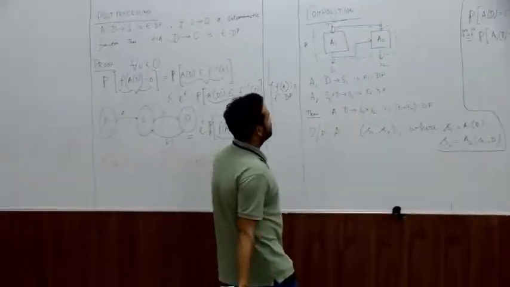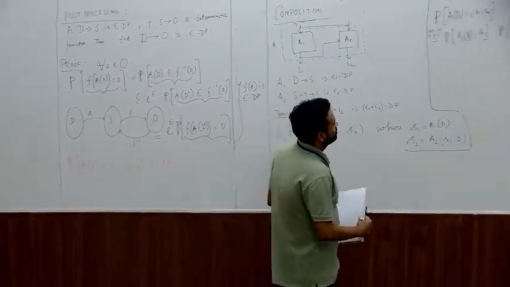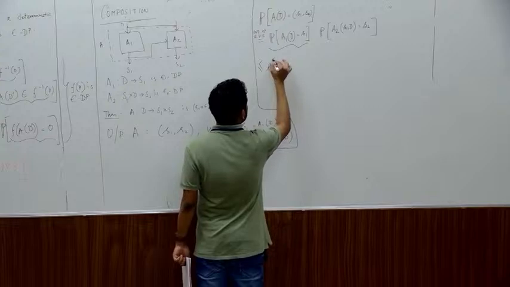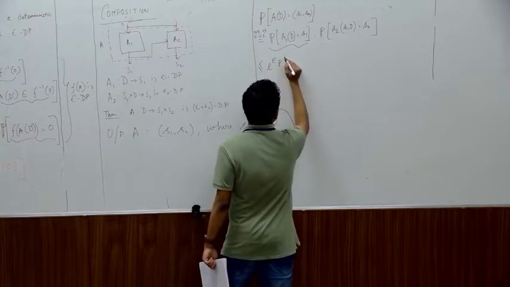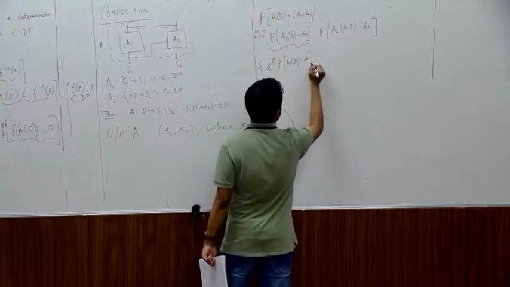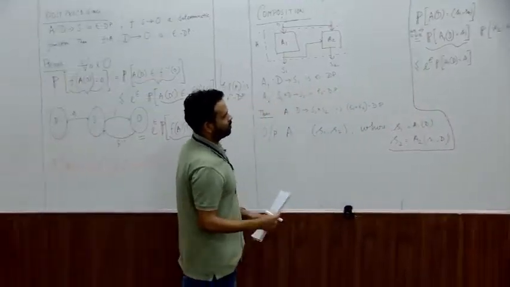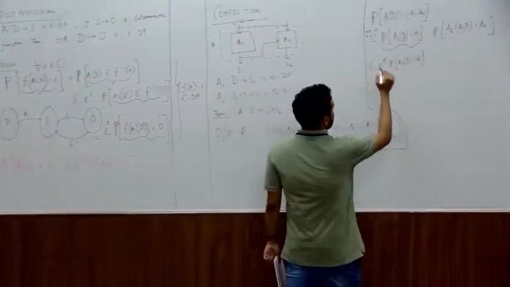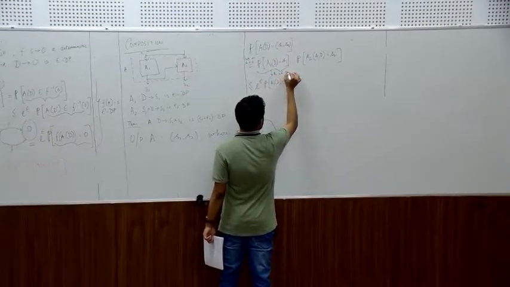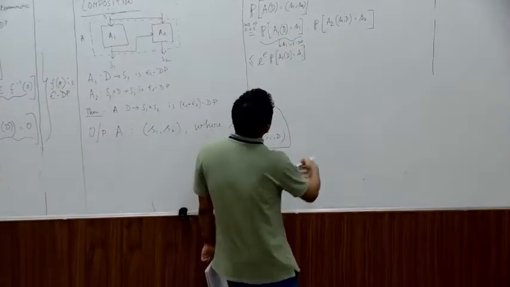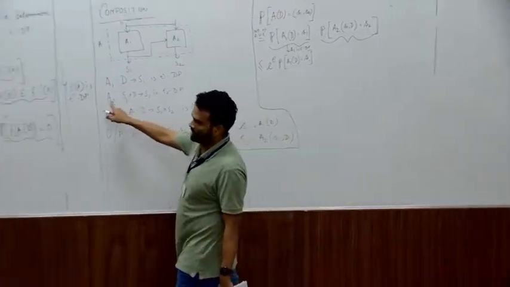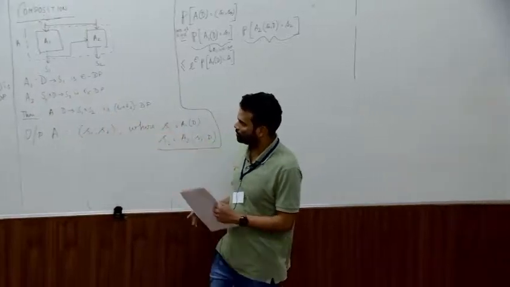Okay. Now we know that A1 is DP. What that means is this is less than or equal to e to the power epsilon 1 times probability of A1 of D dash is equal to s1, right? This is because A1 is DP. You also know that A2 is DP. But A2 takes something from S1, so A2 has domain S1 also.